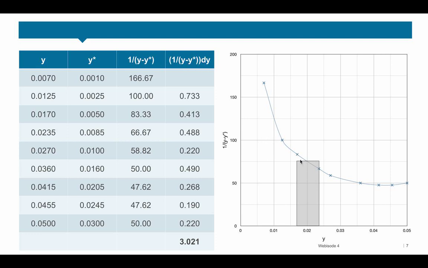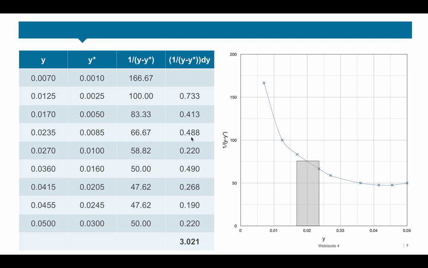We don't use one particular value of 1 over y minus y star, we use the average of two different values. This block has taken the average value between these two values, which is the average of these two numbers here, and the width of that rectangle is the difference between two values of y, in this case these two values here.